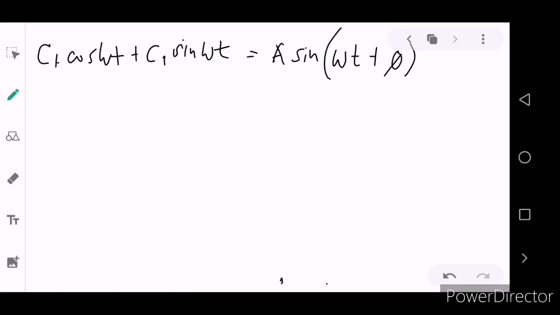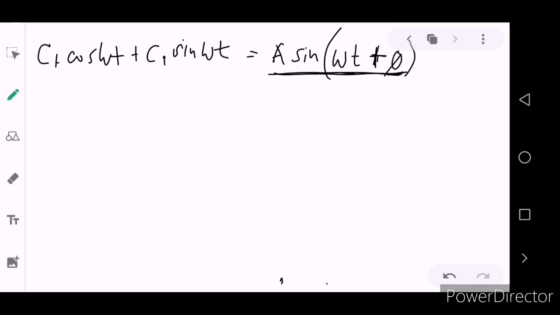Yung phase angle, yung nagsasabi kung tayo ba ay leading or lagging doon sa graphical representation natin. Therefore, kung makikita nyo, going back to our trigonometry, constant times sine, tapos meron tayong dalawang variable, and then sum and difference, okay?